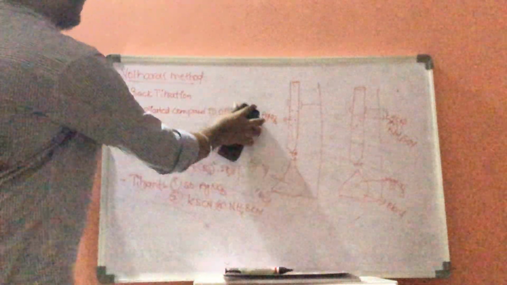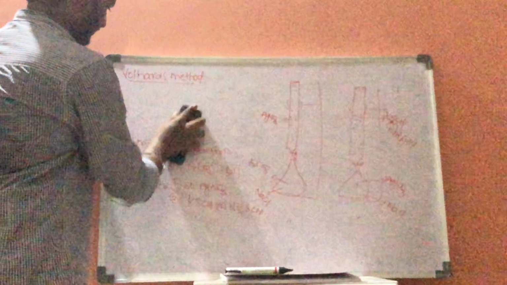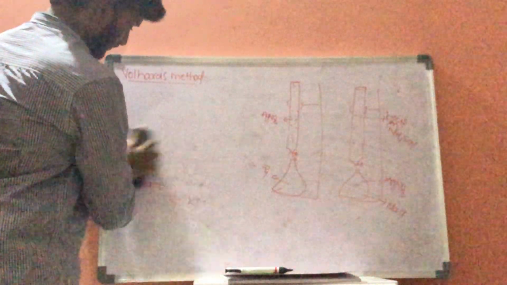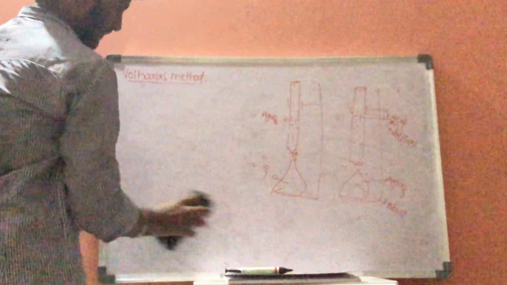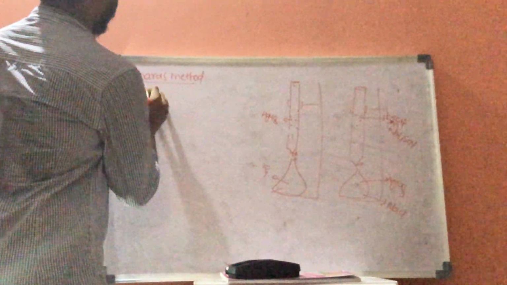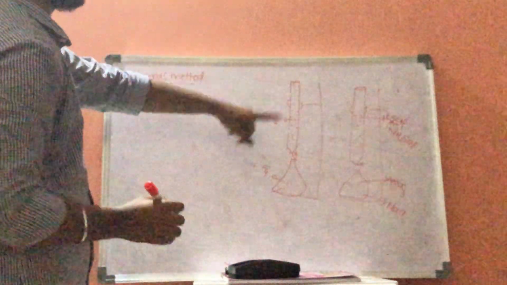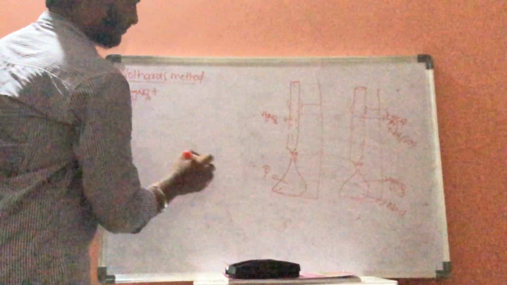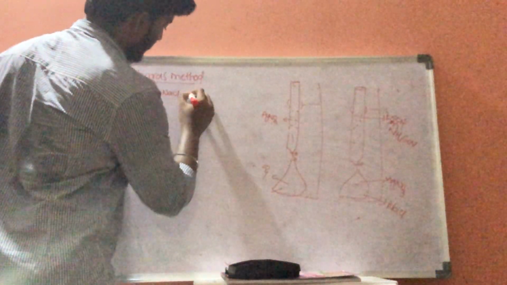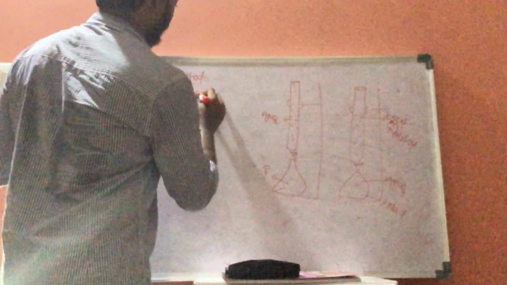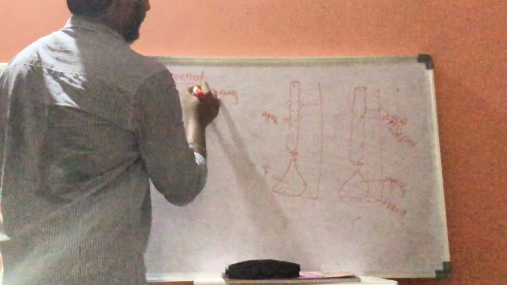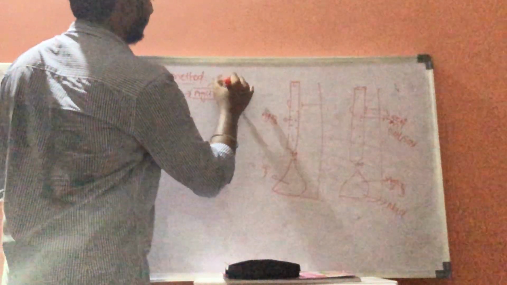Now coming to the methodology. In the first method, the silver nitrate will react with sodium chloride in the conical flask, resulting in the formation of AgCl plus sodium nitrate, and it is a precipitate.